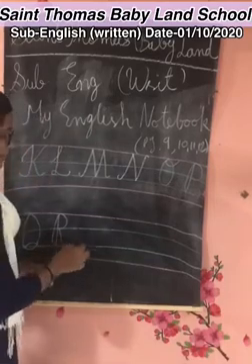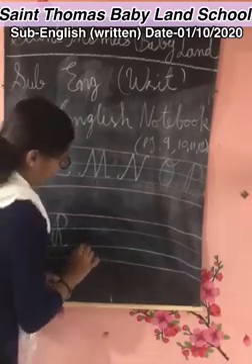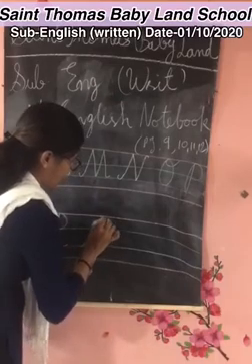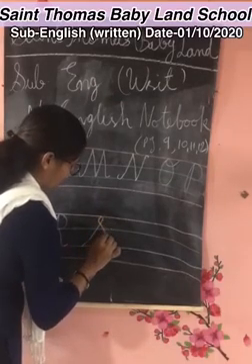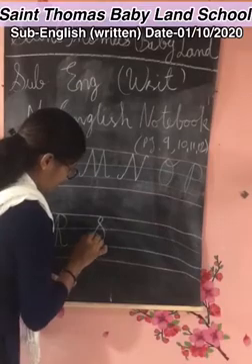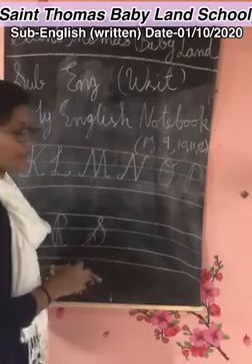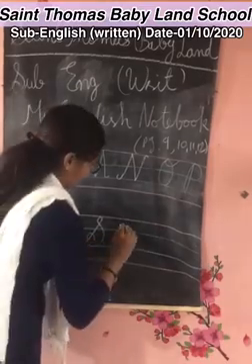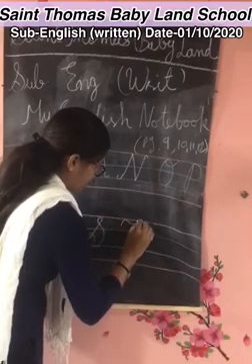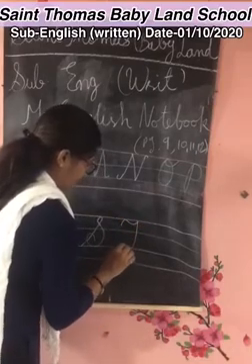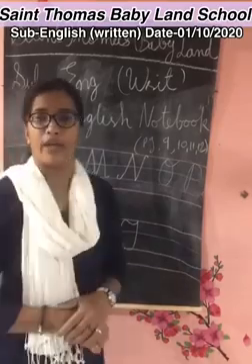R for rabbit. Then S for sheep. Start with blue line, go up, small turn, come down this way. S for sheep, and last T for tiger. This way. T for tiger. Write in 2 lines.